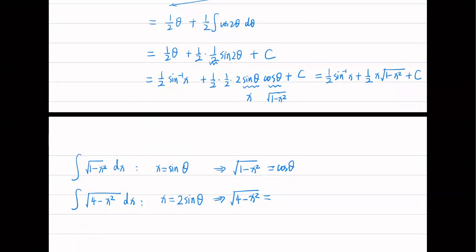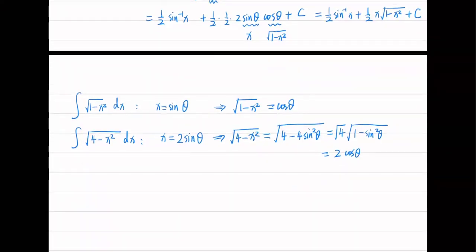Let's simplify. Pick up the 4 out of the square root of 4. This gives us 2 cosine theta. Again, we get rid of the square root.